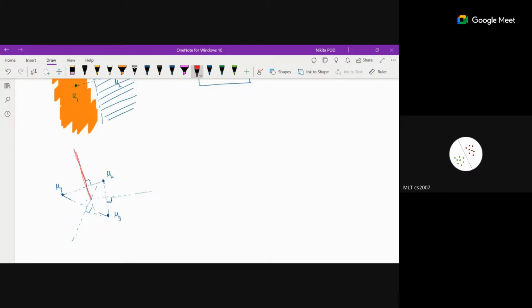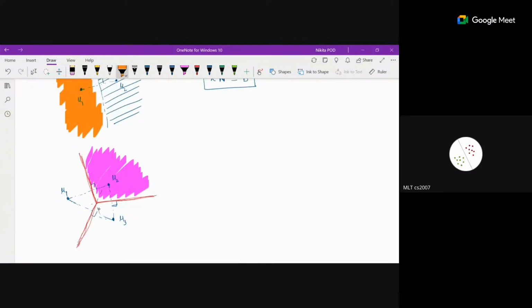This line separates this one and this one. In this region, you will have all the data points which are in cluster 2. You will have all the data points in this region which will be in cluster 3, and in this region you will have points which are in cluster 1.